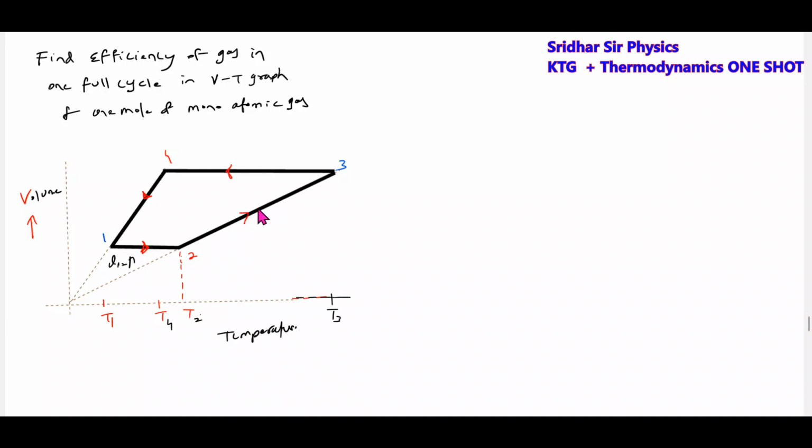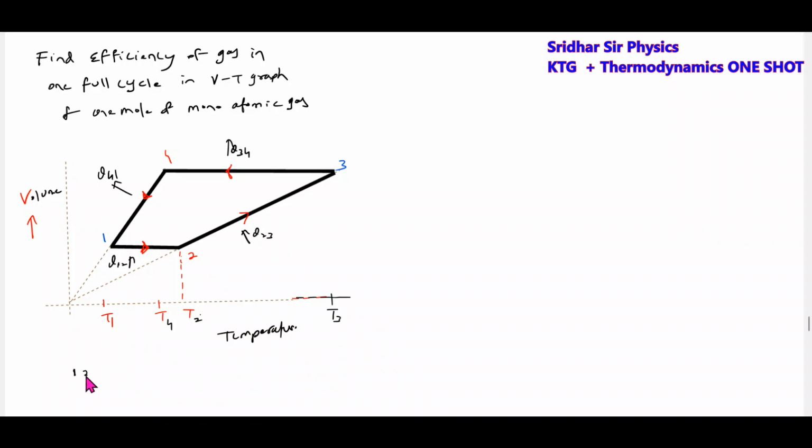2, 3: isobaric heating, heat is absorbed. Isochoric cooling, heat is rejected. Isobaric cooling, heat is rejected. So what is 1, 2?